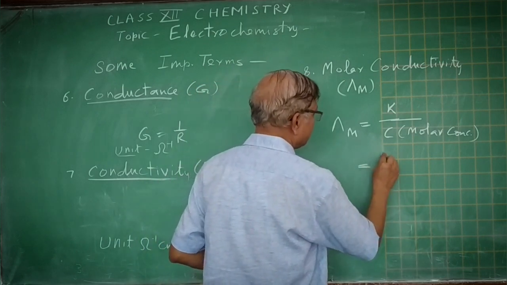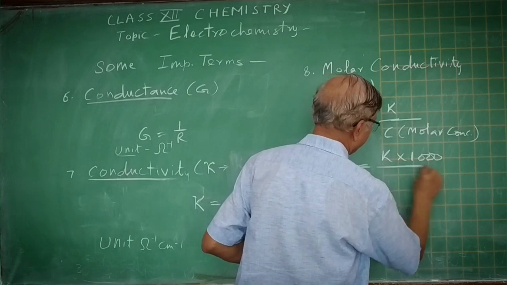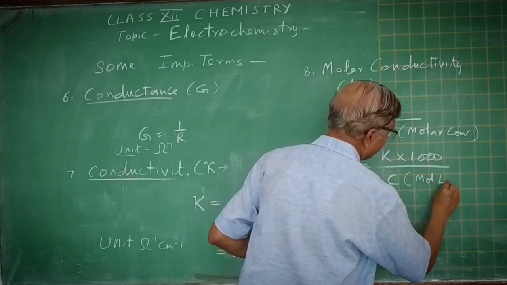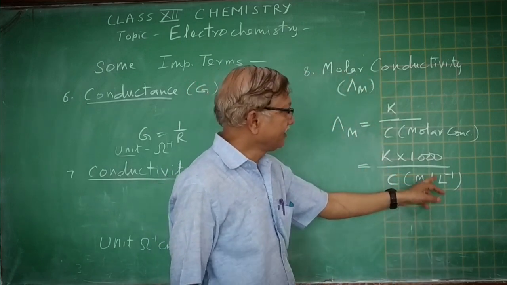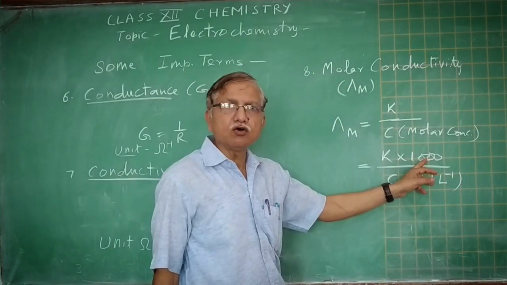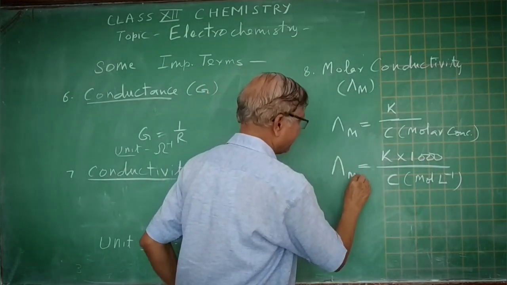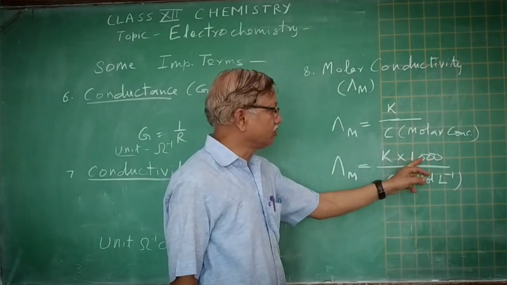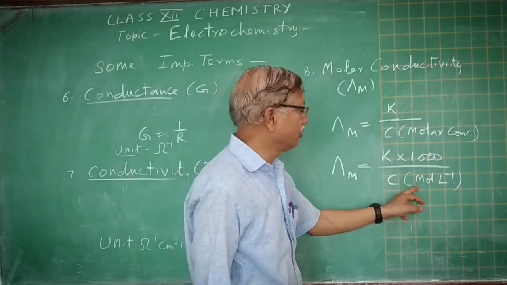Convert it, so kappa into 1000 upon C, when we take the unit mole per liter. If you take this unit mole per liter, then you multiply it by 1000. So molar conductivity lambda m equal to kappa into 1000 upon concentration in terms of molarity.